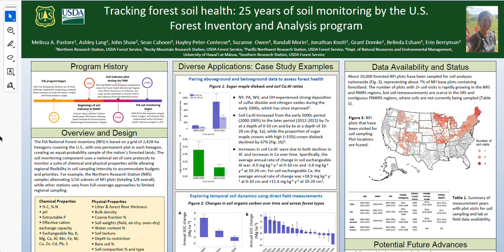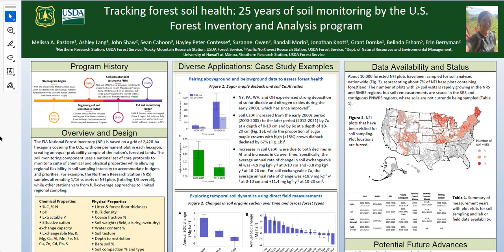While FHM was conducting forest health assessments, FIA at the time was conducting forest inventories primarily to report on the trends of timber and woodland species. But after the 1998 Farm Bill, the FHM and FIA plot networks were integrated, and beginning in 2001, the soil indicator was implemented as part of the FIA Forest Ecosystem Health Indicators program within the NFI.